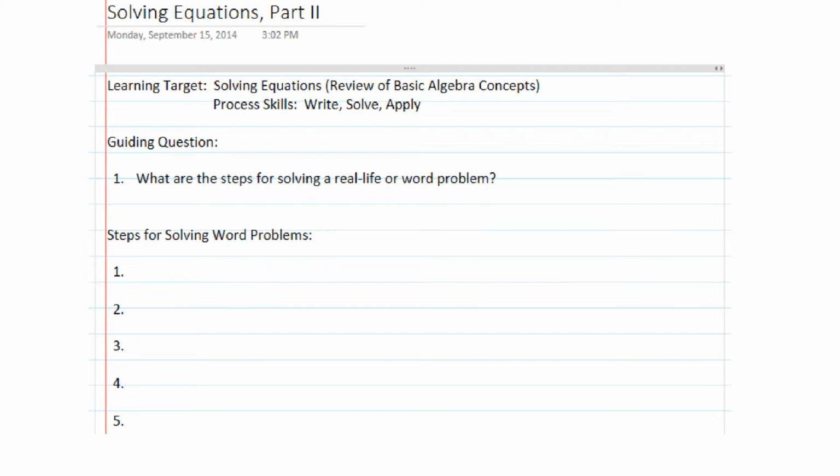Step 1 is always to define the variable, which means what is being asked. What is it that the question's asking you? Number 2 is to write an equation using the variable.